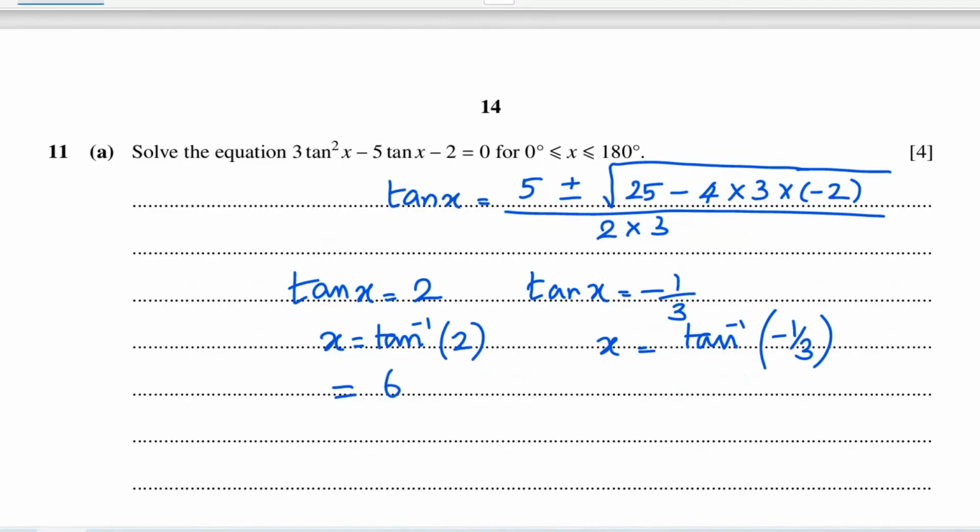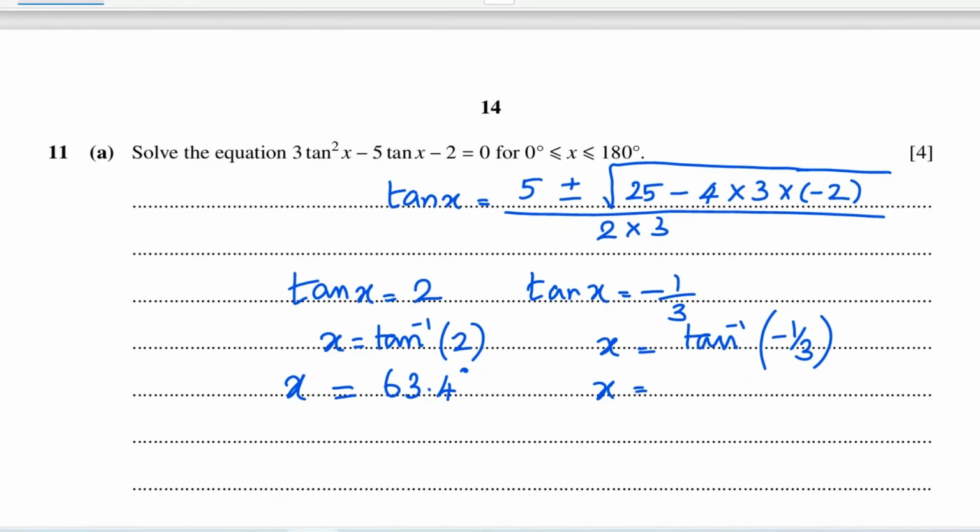So this is 63.4 degree, and here the x value is negative 18.4.